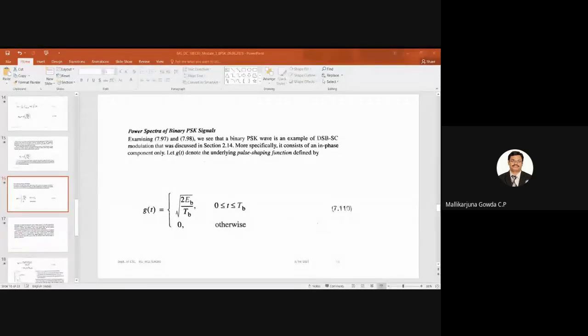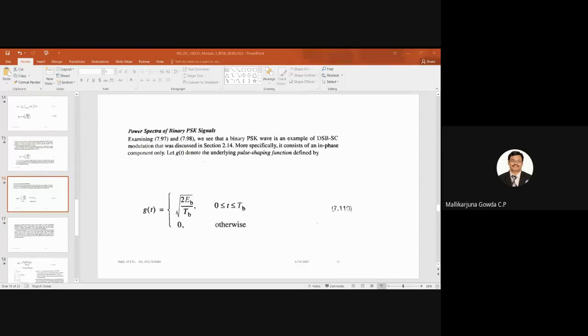Hope you are able to get the idea. I represent the polar NRZ waveform, which I denote as g of t, as root of 2 Eb by Tb over the interval 0 to Tb, and it will be 0 elsewhere.